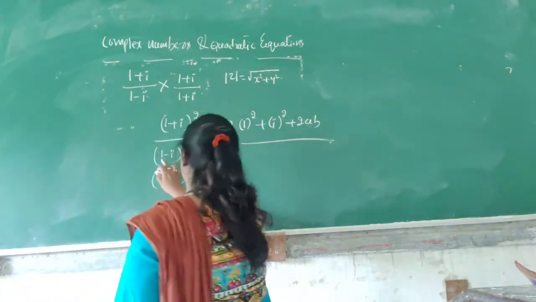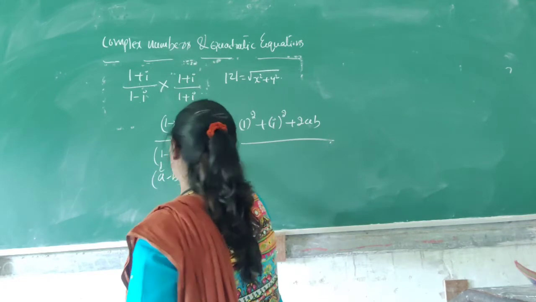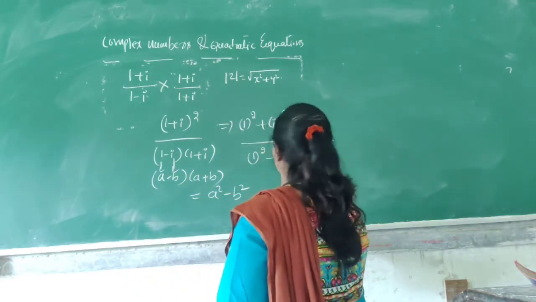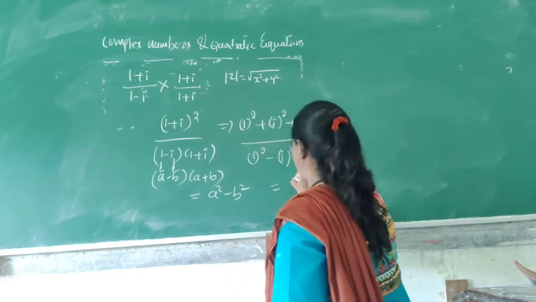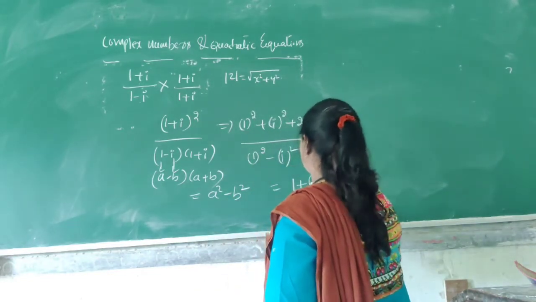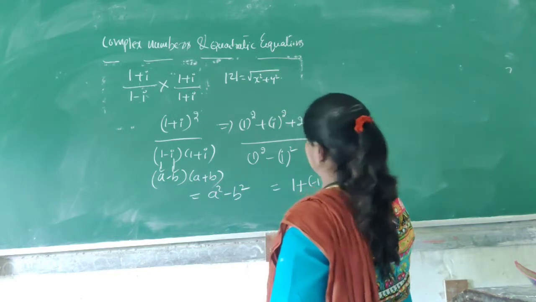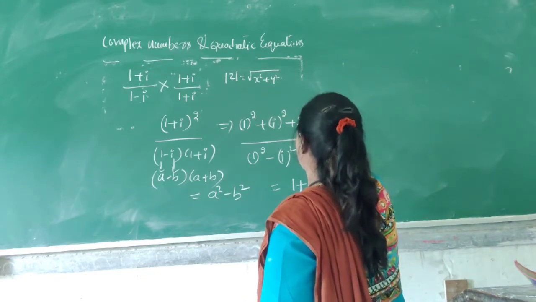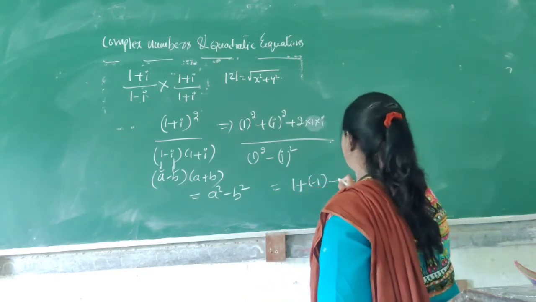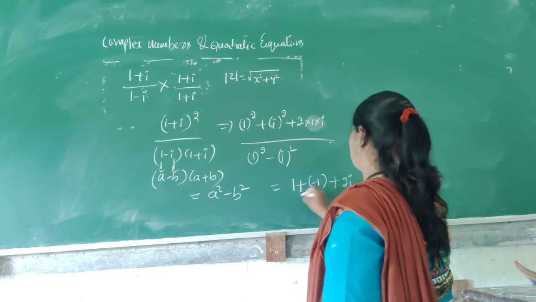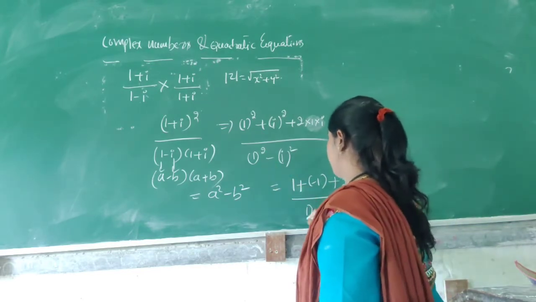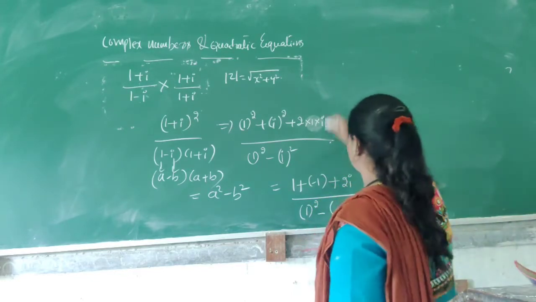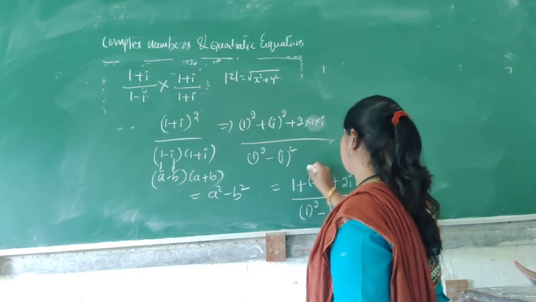So how will it be? a is 1 here, b is i. So 1 square minus i square. We have to simplify this. 1 square is 1 plus i square value is minus 1, minus 2ab, where a is 1 and b is i, so 2 into 1 into i is 2i, divided by 1 square minus i square, which is also minus 1 here. So the 1 plus minus 1 will get cancelled.